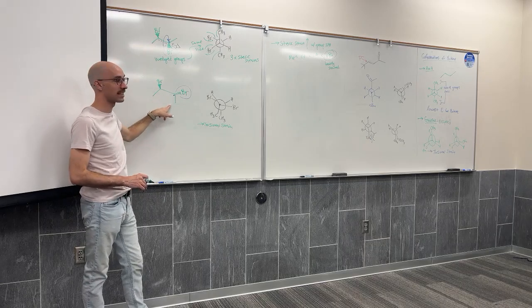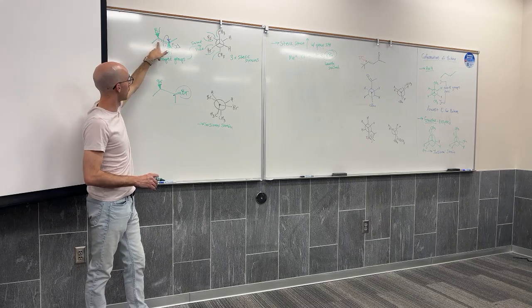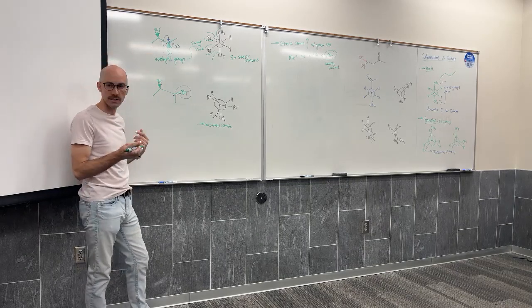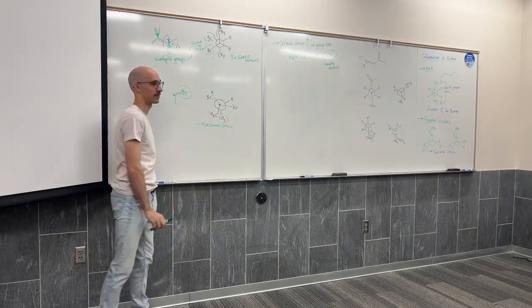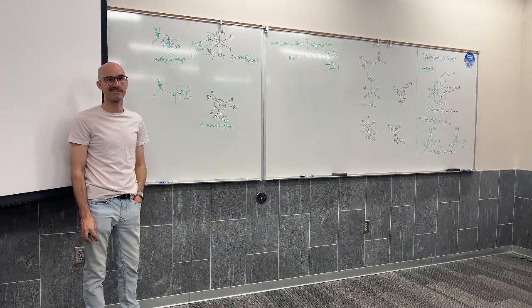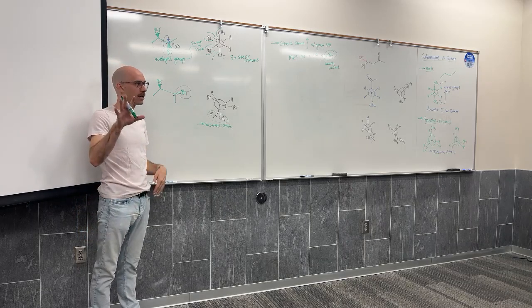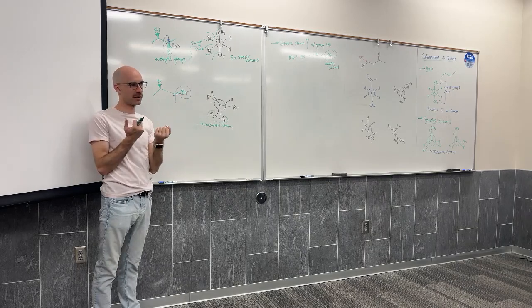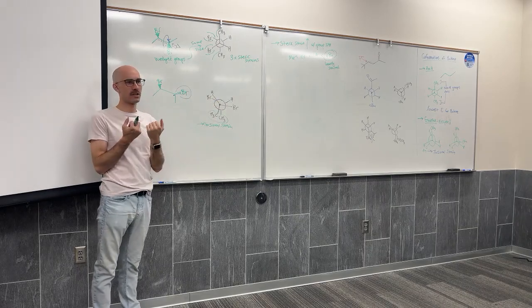Just by nature of being eclipsed, it is not as low in energy as the zigzag. What else? Where is the steric? The methyl groups have steric strain with each other. Anything else? Not really. Because we're going to call steric strain non-H with non-H. So bromine with hydrogen, there's not really a fight for space. The proton is not big enough. Bromine with hydrogen, no fight for space.